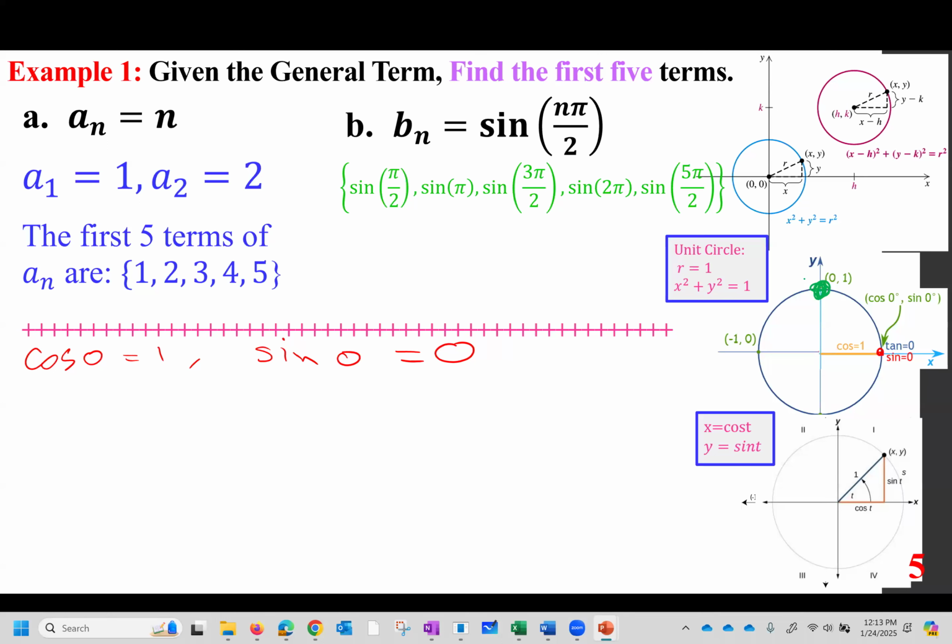At the top here, we are dealing with pi over 2 or 90 degrees. Cosine is 0, sine is 1.